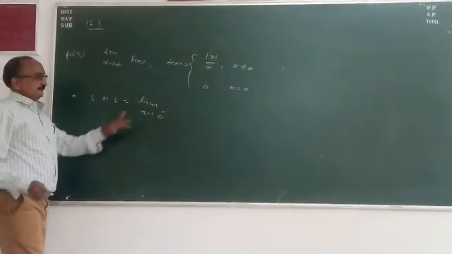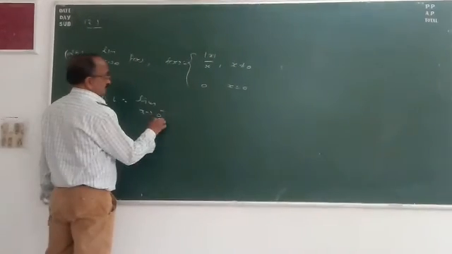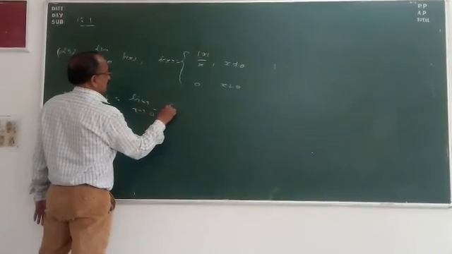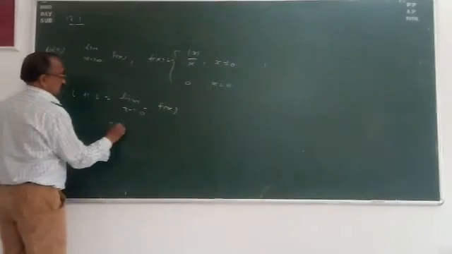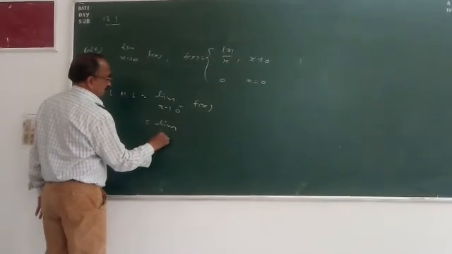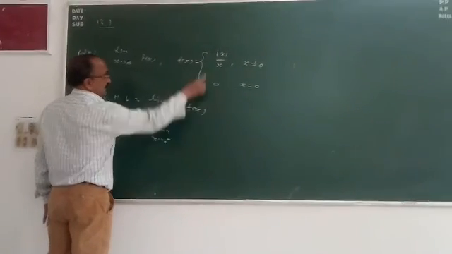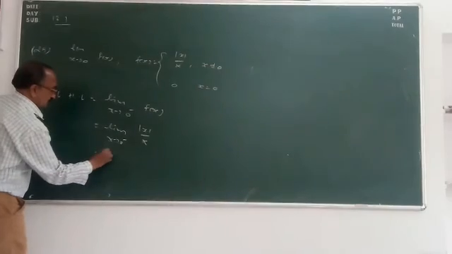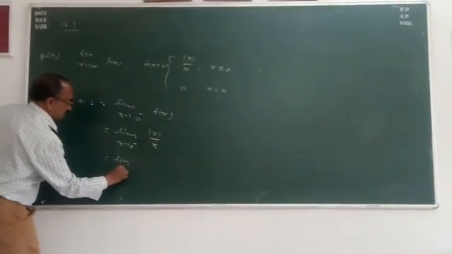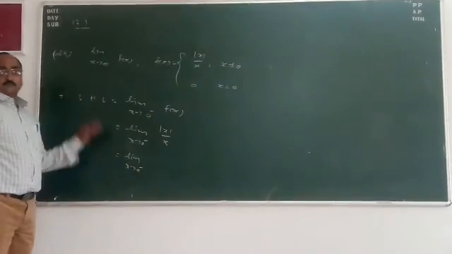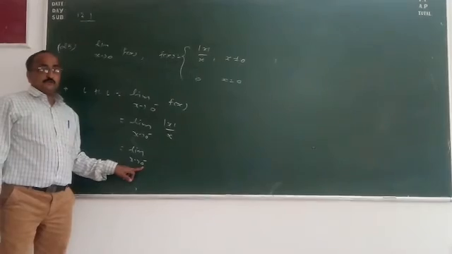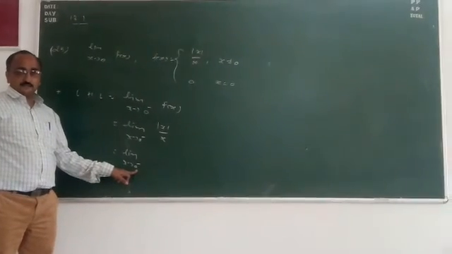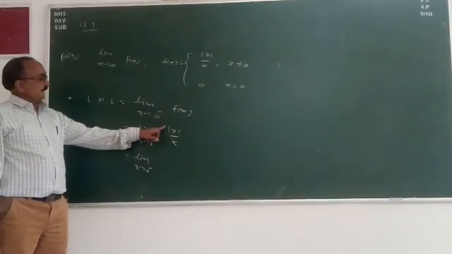So limit x tends to 0 negative f(x) is equal to limit x tends to 0 negative, where f(x) is equal to mod of x upon x. Now look here. X tends to 0 negative, that is the value of x less than 0 and goes nearer and nearer to 0.